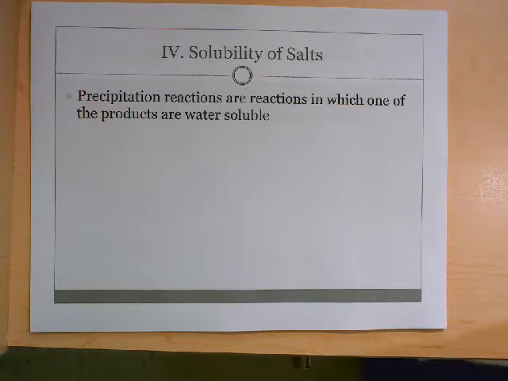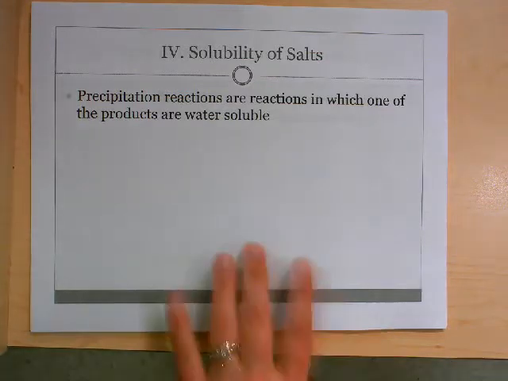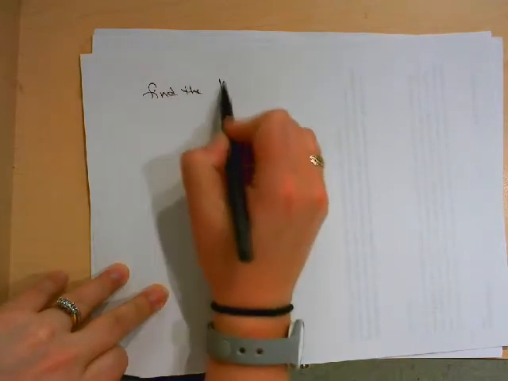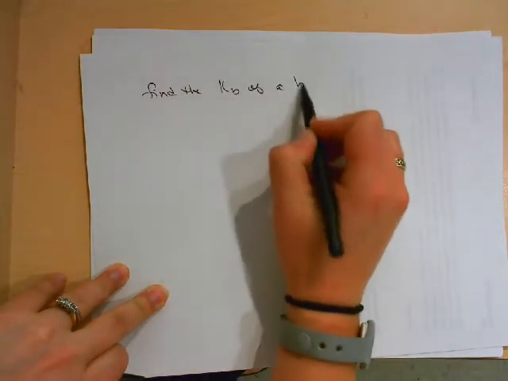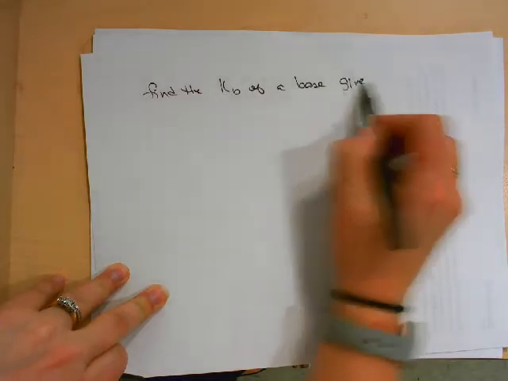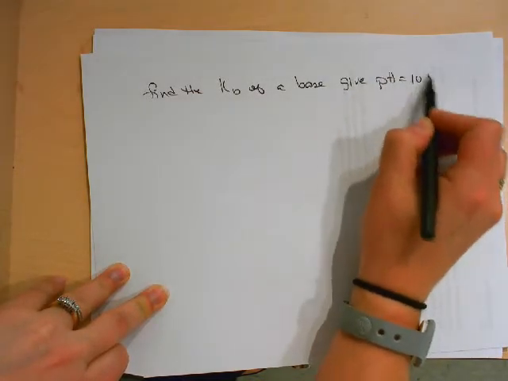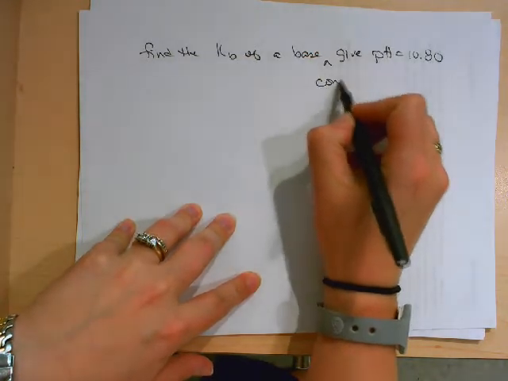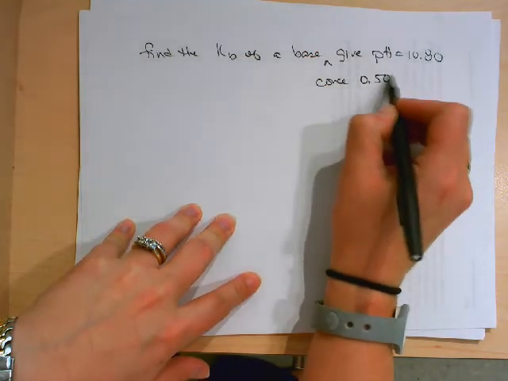If the question is, let's say you were looking at this one. Right, so the question is, find the Kb of a base, oh, what's the other thing that was in here? A concentration 0.5 or something like that, right?